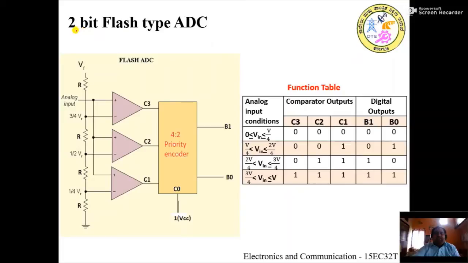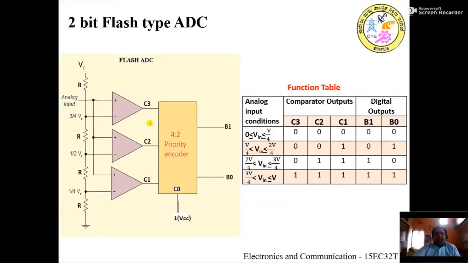Since n equals 2, we expect 4 resistors, which are used to give 3 fractions of the reference voltage, and we expect a 4:2 priority encoder which is fed by the outputs of the 3 comparators.